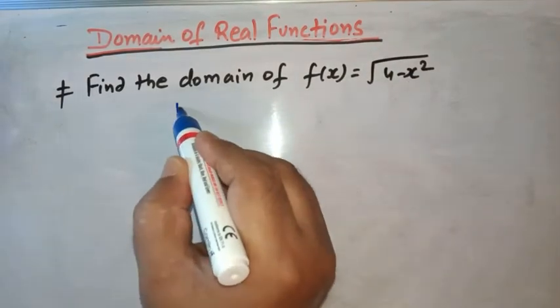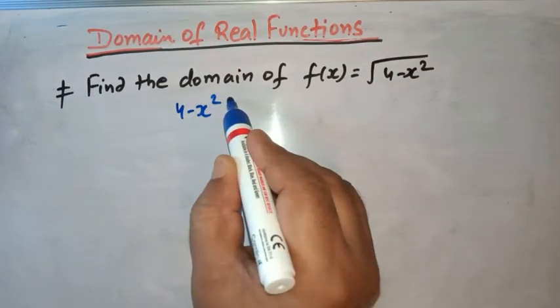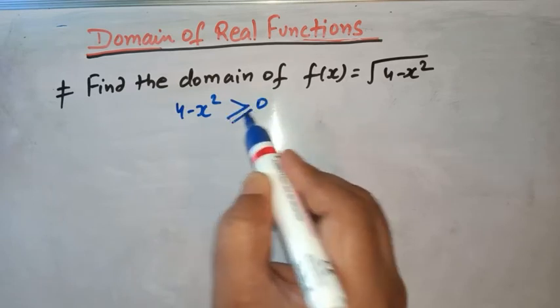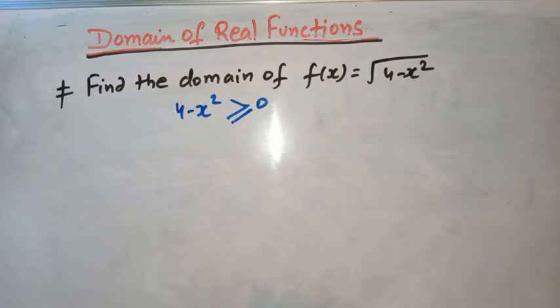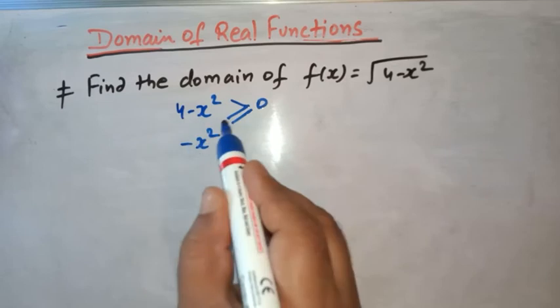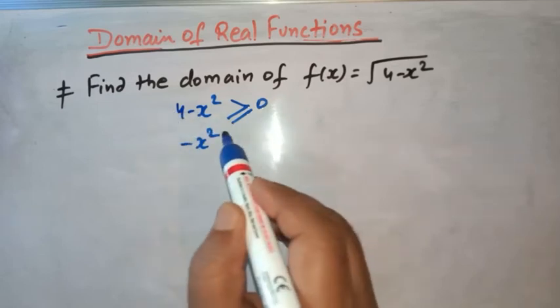So 4 minus x square here must be greater than or equal to 0. Clear? So we can now solve this inequality by taking 4 to this side.